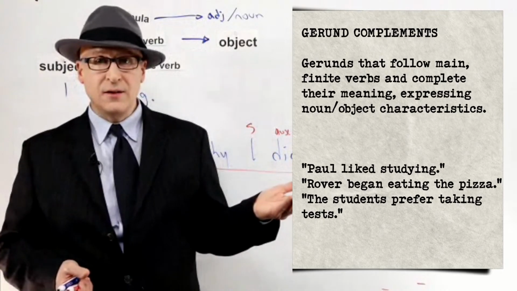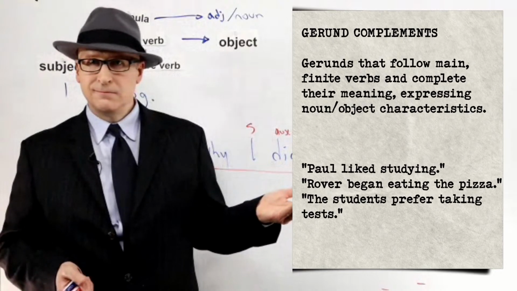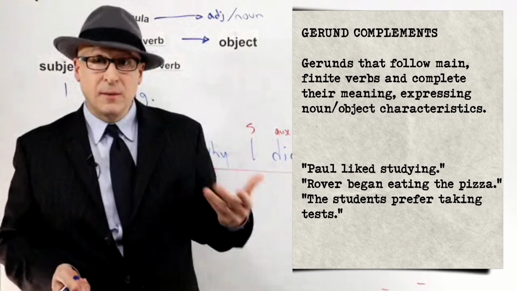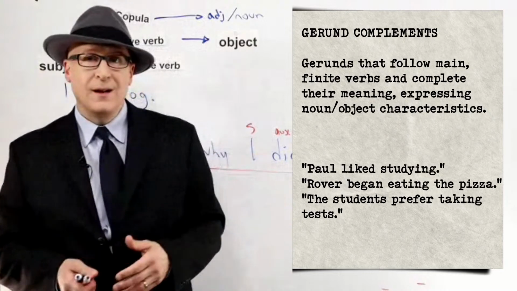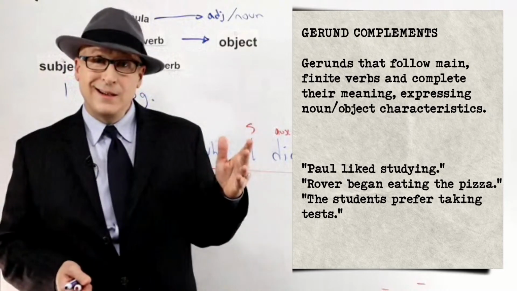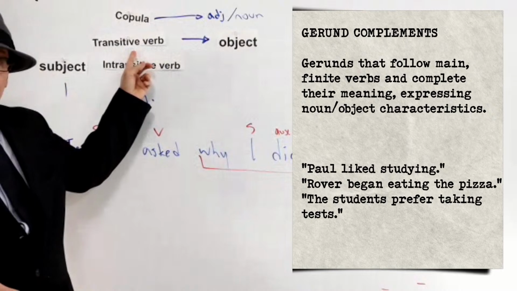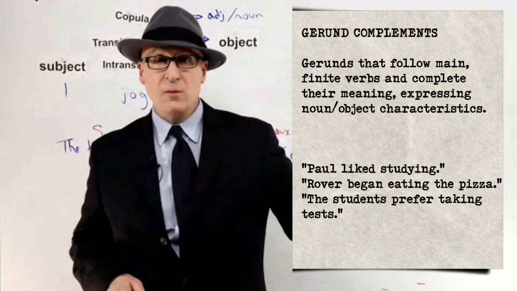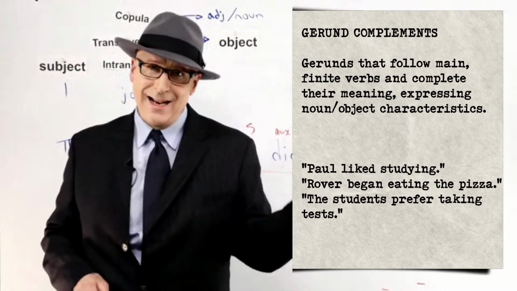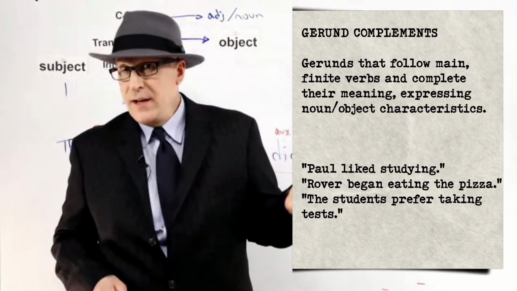You cannot just say the students prefer. Prefer what? To complete that idea, we need a gerund form, a noun form. The reason we need this is back to the original idea, because the verb is transitive. Transitive verbs need to be followed with an object, and the object must be a noun or a gerund or a noun clause.